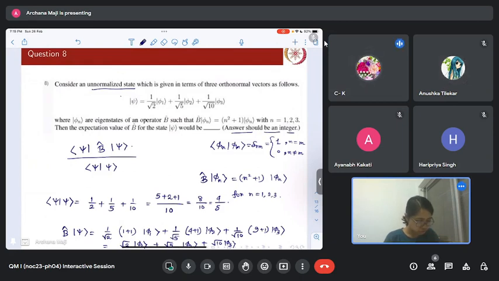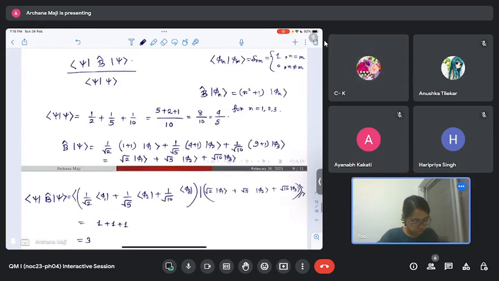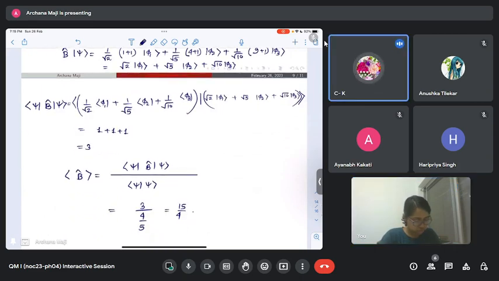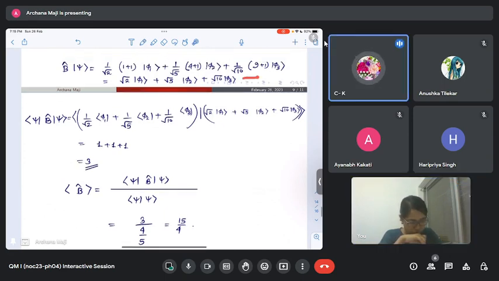Madam, can you explain one thing, please scroll down. Here we are doing the B cap on the ket side, then we are getting this one: root 2 psi 1 plus root 5 psi 2 plus root 10 psi 3. So when we are doing this, we are operating with bra psi. So why should this one be 1 by root 2 and 1 by root 5 and 1 by root 10?